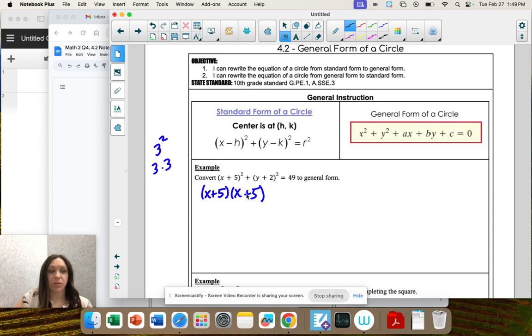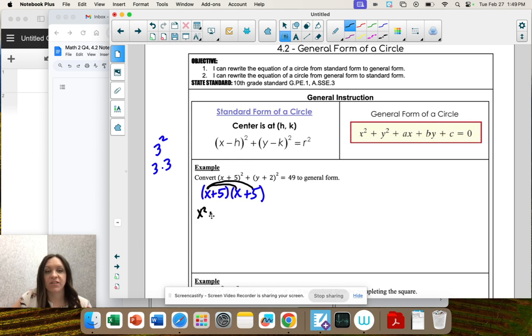So now we're multiplying a binomial and a binomial. 2 terms times 2 terms. And we did this way back in quarter 1, so maybe you remember. You take the first term in the first binomial, and it has to be multiplied to both of the second binomial terms. So x times x is x squared.